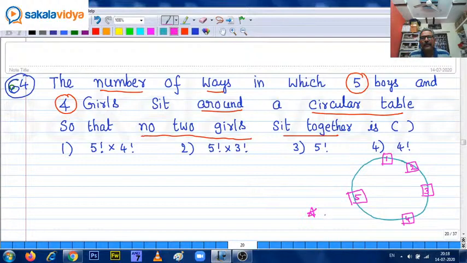So this can be 5 minus 1 factorial, which is 4 factorial. Now how many places are there? 1, 2, 3, 4, 5. 5 places. These 5 blank places are to be filled with 4 girls. That can be done in 5p4 ways. 4 factorial into 5p4 is the answer. So let us write it now.